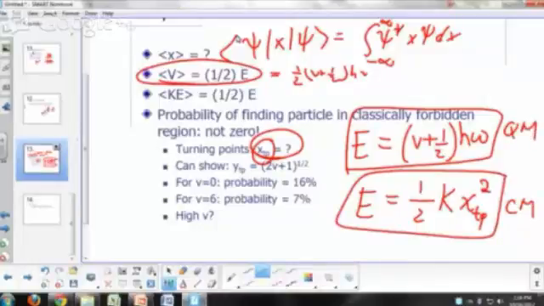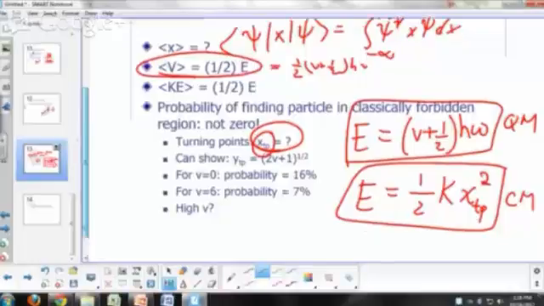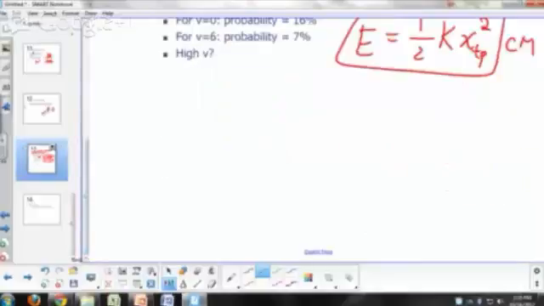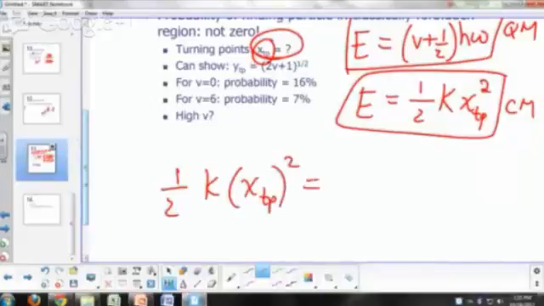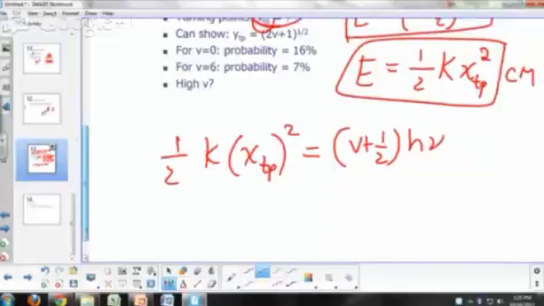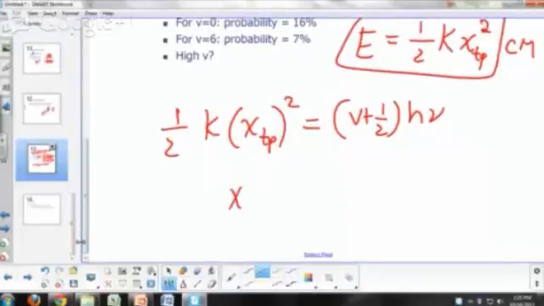So how am I going to calculate the classical turning point for a given allowed energy level? I'm just going to equate those two. What do you get? 1/2 k times x turning point squared equals v plus 1/2 h nu. So solve for the turning point.